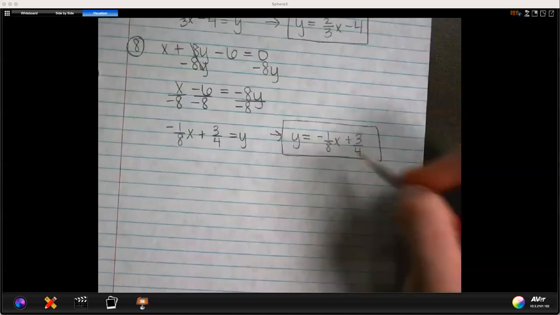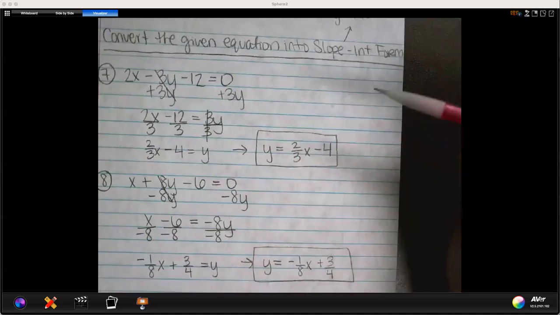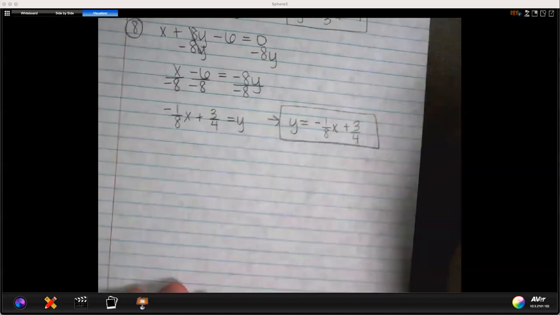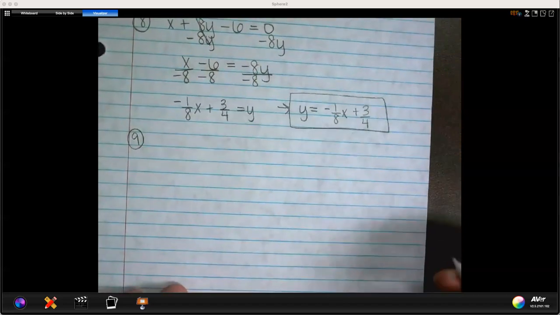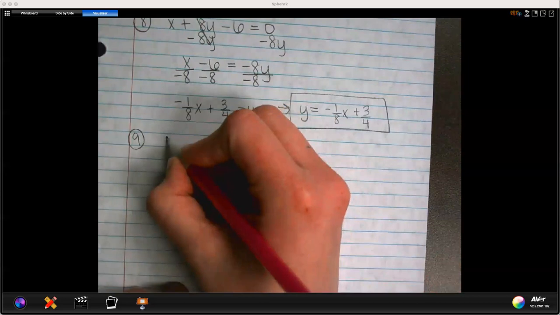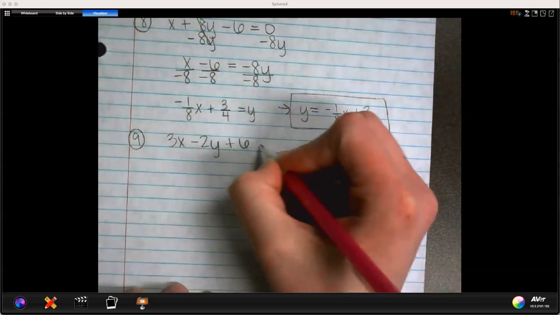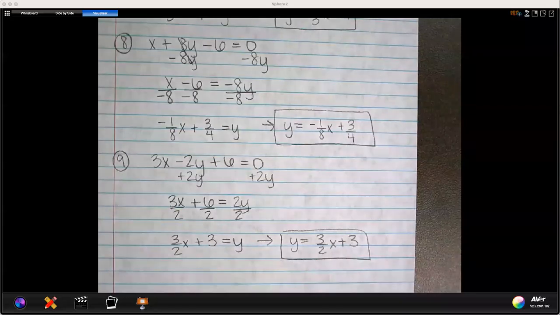So in slope-intercept form, I want to see the m value. So it's important that I see that it's -1/8 versus writing the x on top. All right, let's do one more of those just to finalize that you have that skill set in stone. 3x minus 2y plus 6 equals 0.